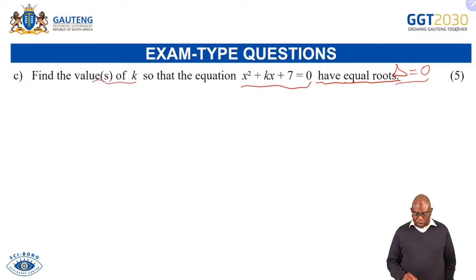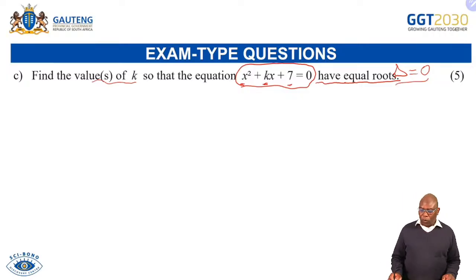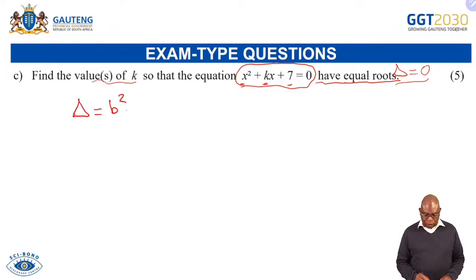That's the only time when the roots will be equal. Now the equation is given, not a problem. Given the equation, the first thing that I ask myself is, is that equation in standard form? Ax squared plus bx plus c equals 0. Yes, it is. So my work here is to first get the discriminant. Delta equals b squared minus 4ac.